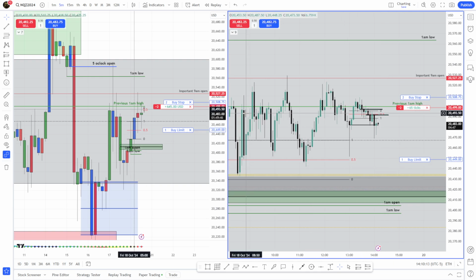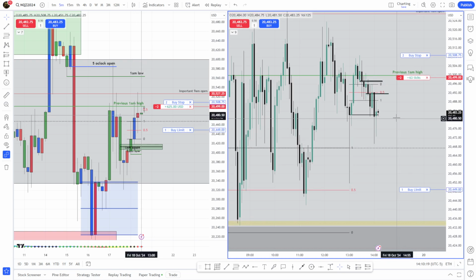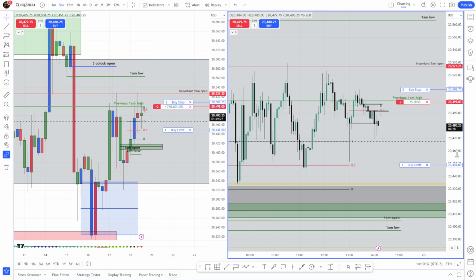Like, bro, give us one of these candles. Now we closed back into the range. Just closed out of the range, came down here, no follow through. We closed back into the range. Just high resistance liquidity.